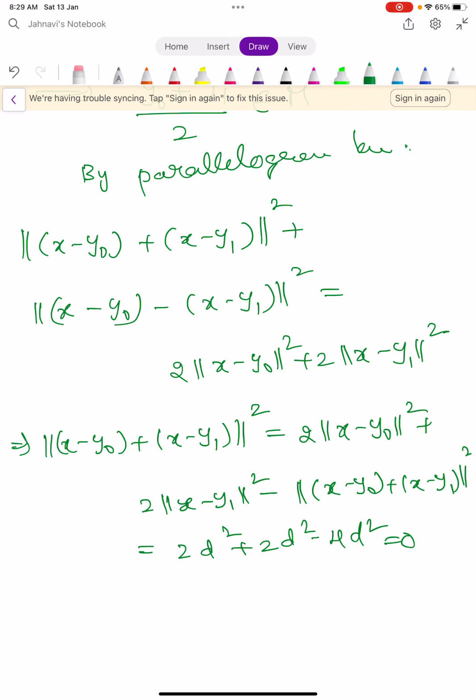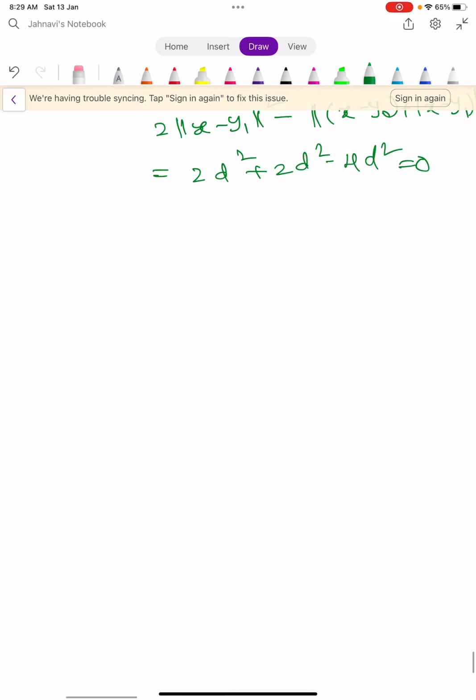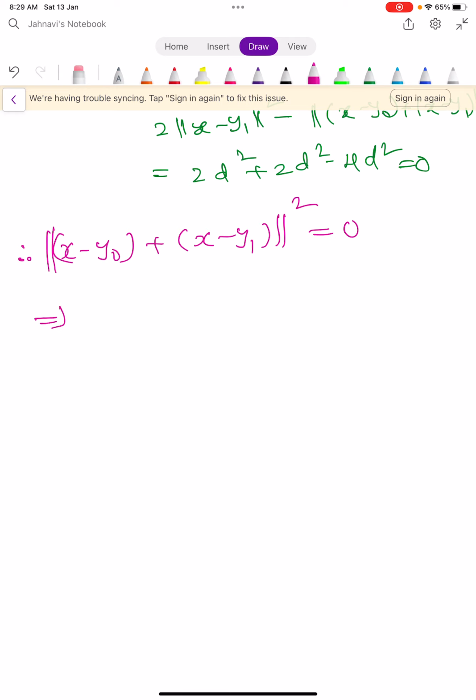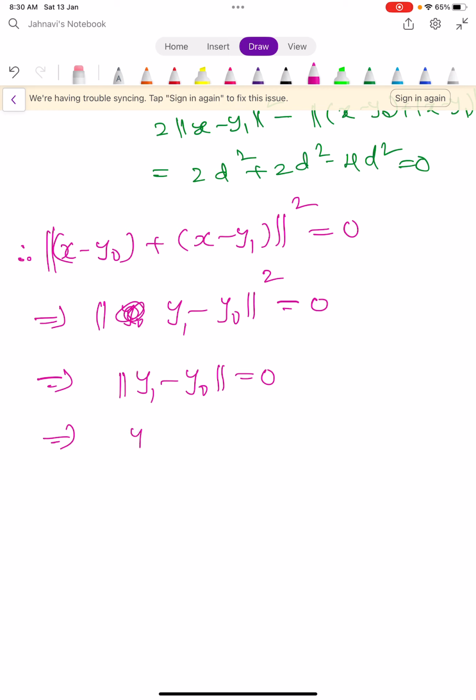Therefore we conclude that norm y1 minus y0 whole square is equal to 0. This is nothing but norm y1 minus y0 is equal to 0, which implies y1 is equal to y0.